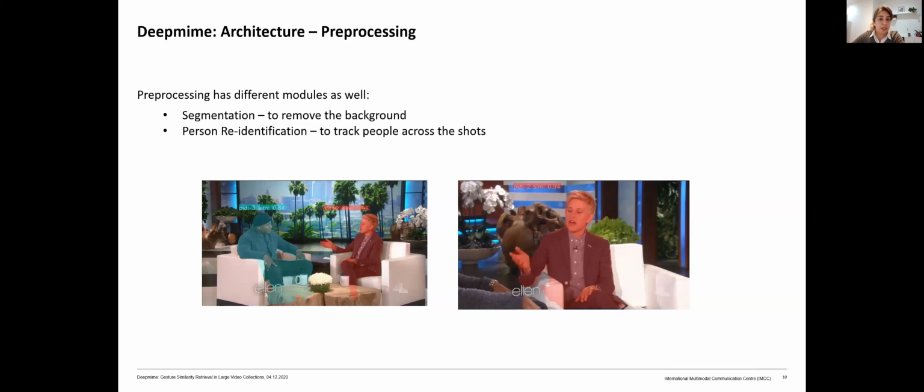For example, here you see an example of the output of our segmentation and re-identification system, where the persons got the IDs 3 and 2, and the Ellen gesture continues over the shot, but the system could re-identify her over the next frame as well.